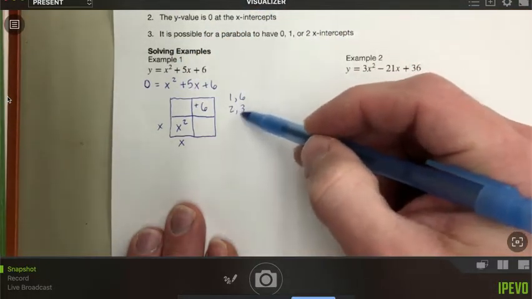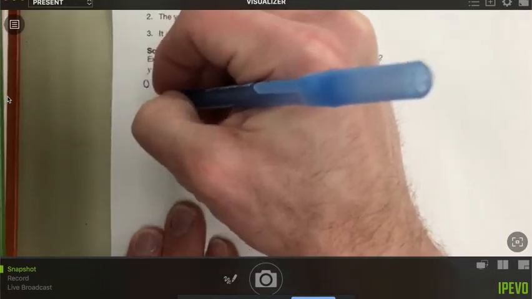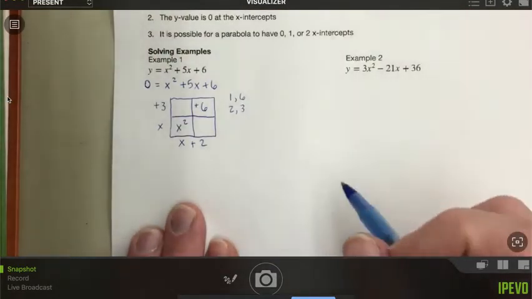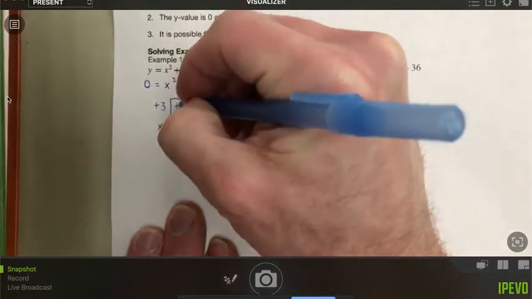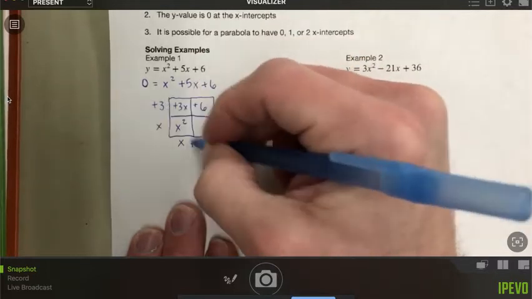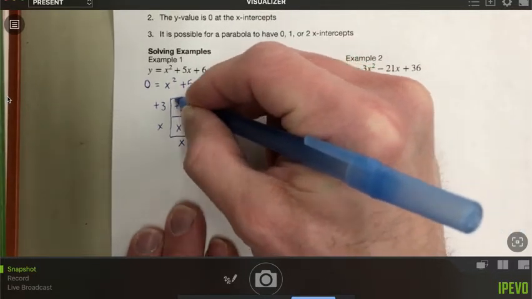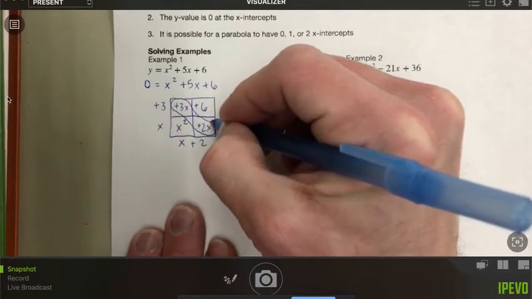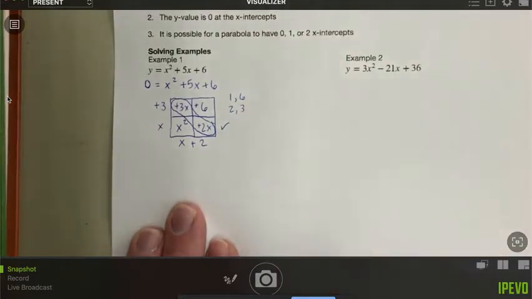So these are my factors. Just to confirm, positive 3 times x is positive 3x. x times positive 2 is positive 2x. And sure enough, they add up to a positive 5x. So I know I'm good.